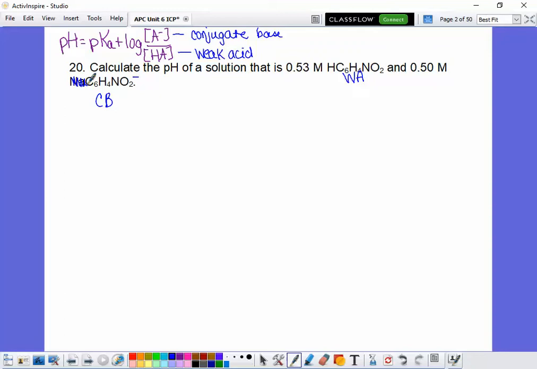If you think about it in terms of net ionic equations, those ions are spectator ions, so they aren't involved in the reaction, so they aren't involved in this buffer system. They're still there, they just don't do anything. Okay? All right, so all we care about is the C6H4NO2 minus.